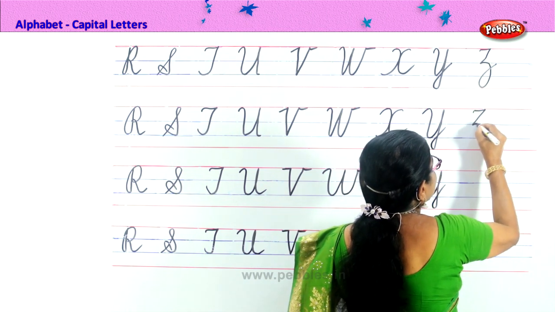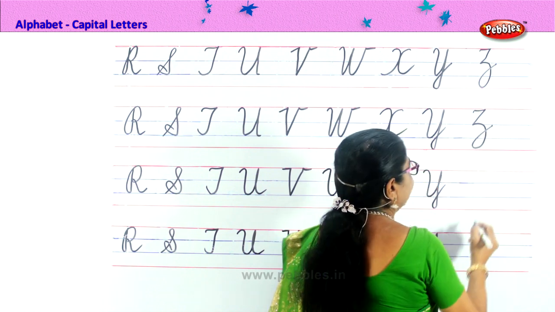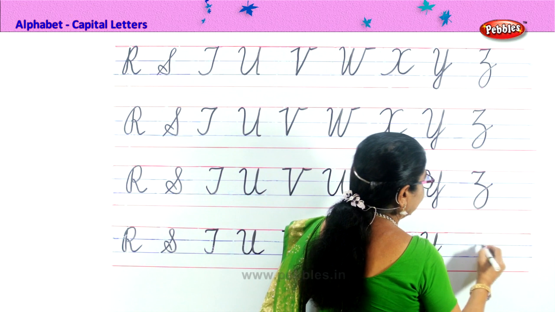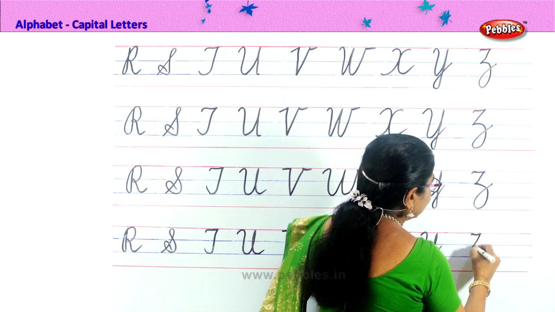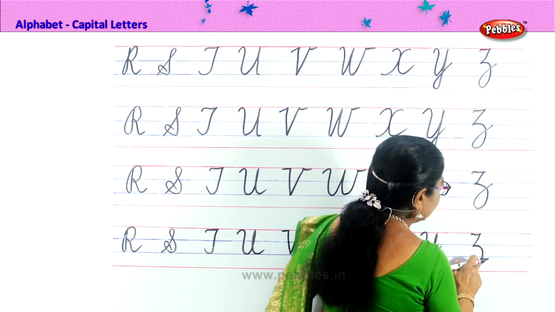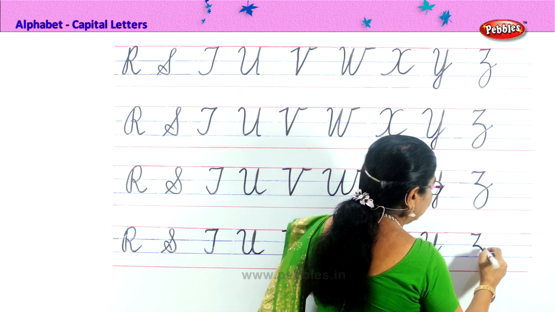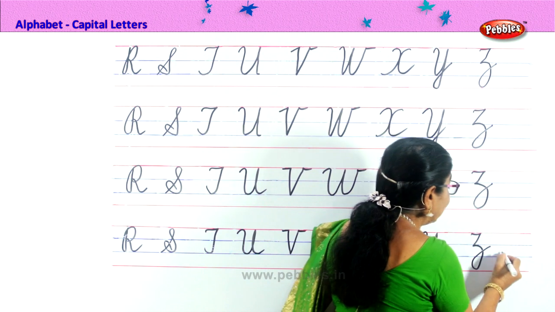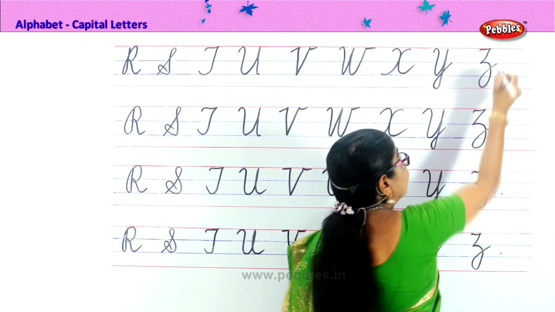It goes like this, comes right down here. Look, Z. It goes right down to the red line and up. So now we have come to the last letter, Z.